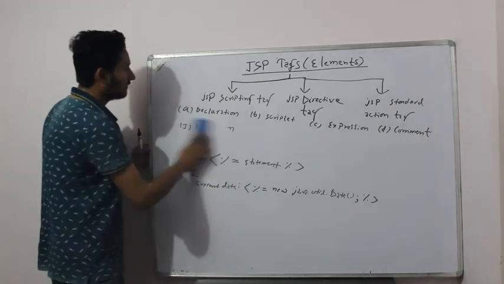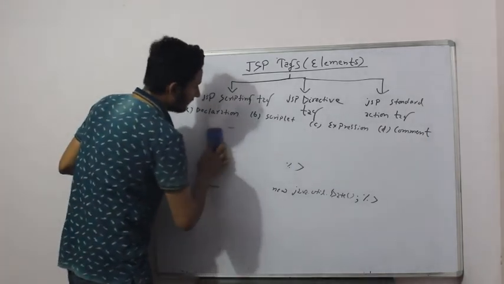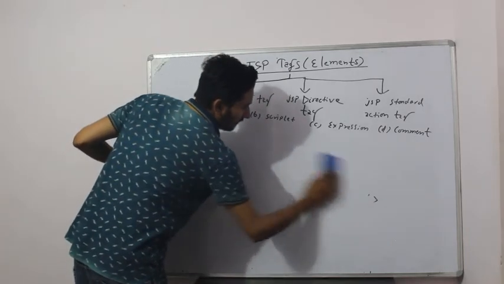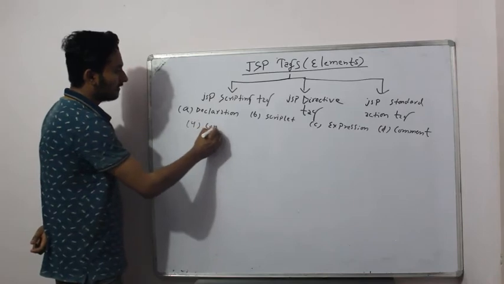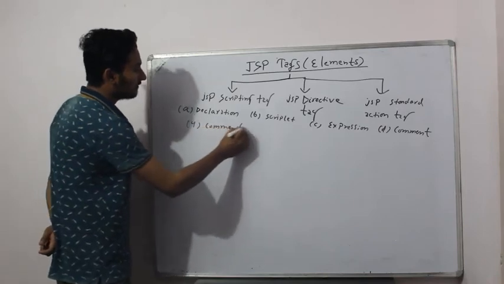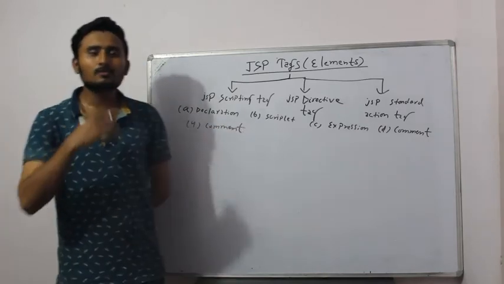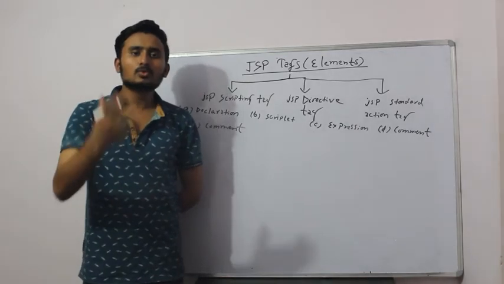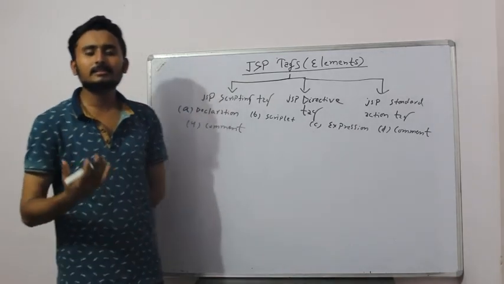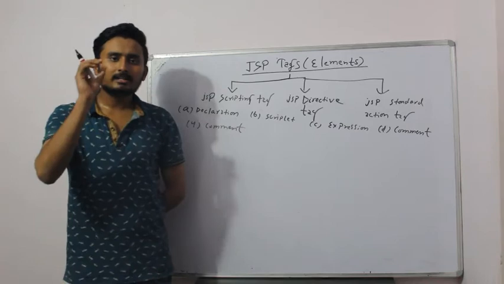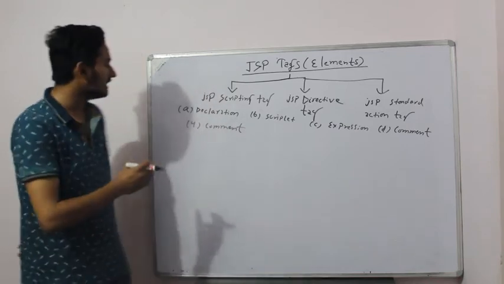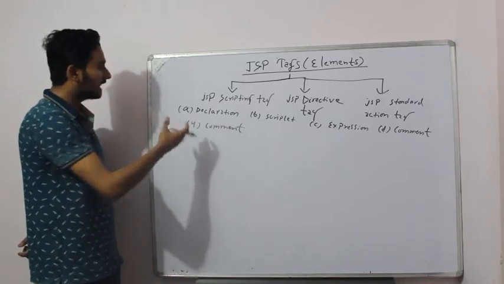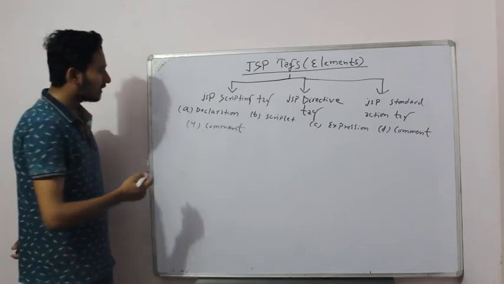The last one which we are going to discuss now is very important, my dear friends, that is the comment tag. This comment tag helps us a lot. When someone has our source code, then he can easily view it, but in that source code we want some lines to be commented. For that we need to take the help of this comment tag. So what is the syntax?